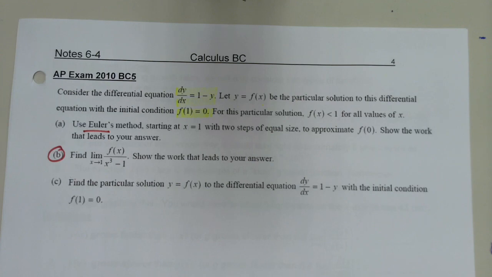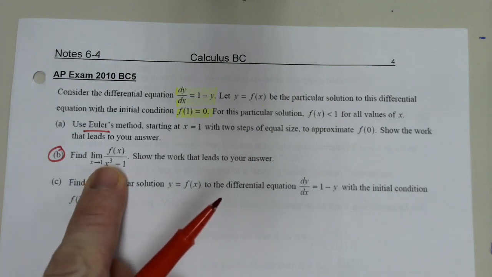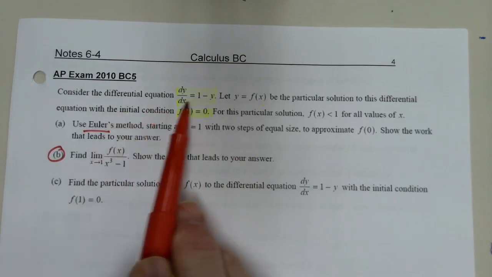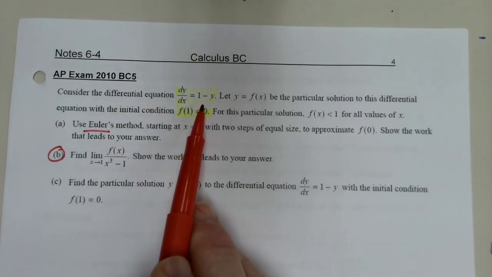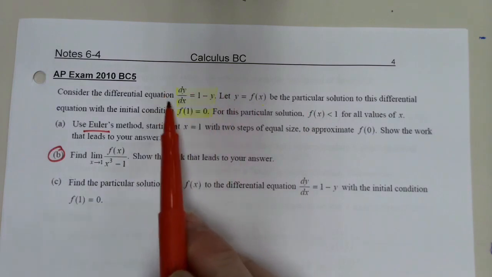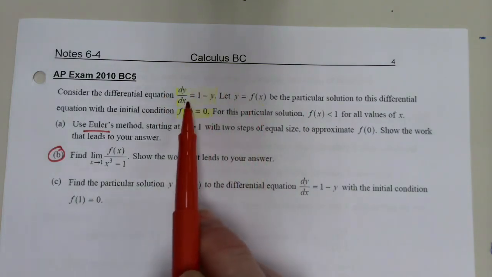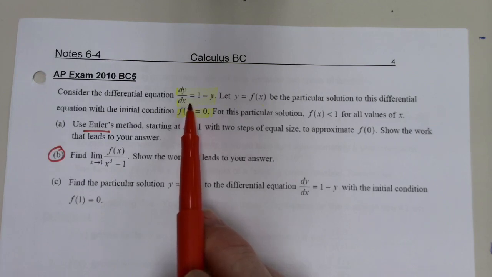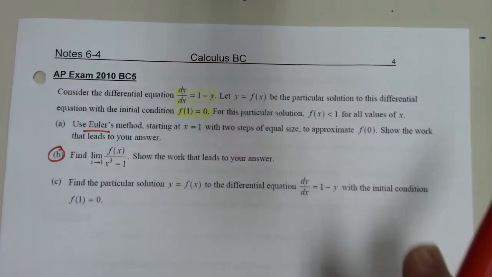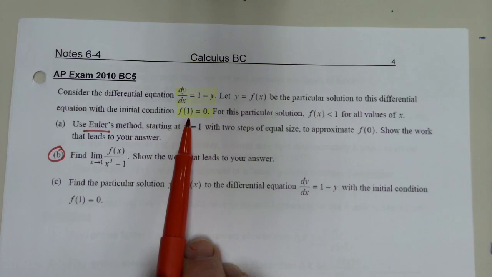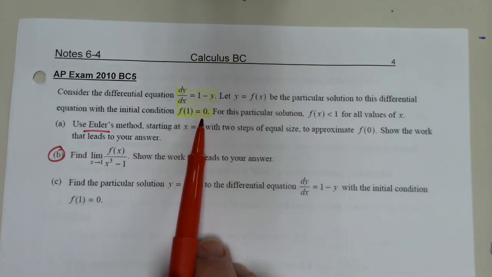So first of all, we know a little bit about f of x. We know that it is a differential equation, so it is differentiable. Just the fact that it's shown here means this is a continuous function, and that we're given this initial condition of f of 1 equals 0.